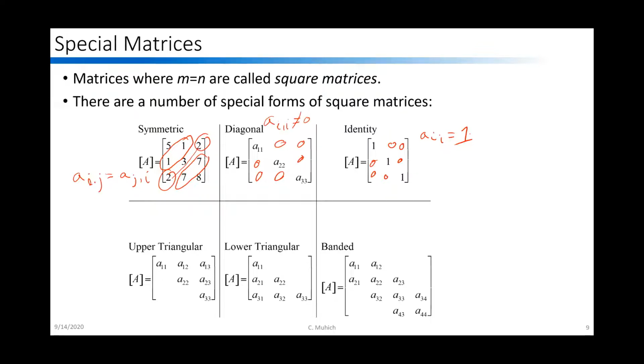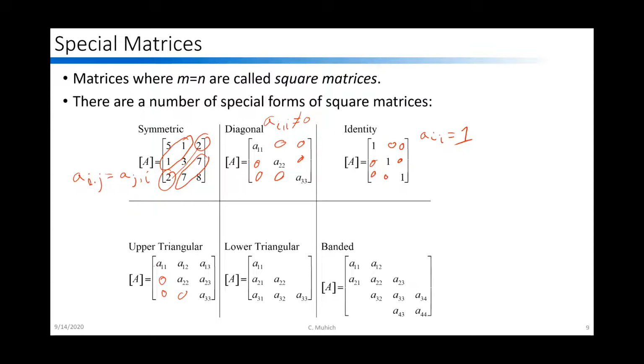Moving a little out of the symmetric and identity types of matrices, we also have triangular matrices. It's like the diagonal matrix, but only half of the matrix is filled with zeros. The first type is an upper triangular matrix.